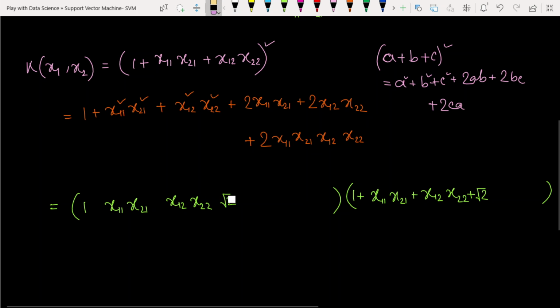It will not be a plus sign, it will be a comma instead of plus signs, because we are going to multiply these two things, its transformation plus this term. Simply it is a dot product. Don't be confused about that. It is simply a dot product, comma, comma, just comma.